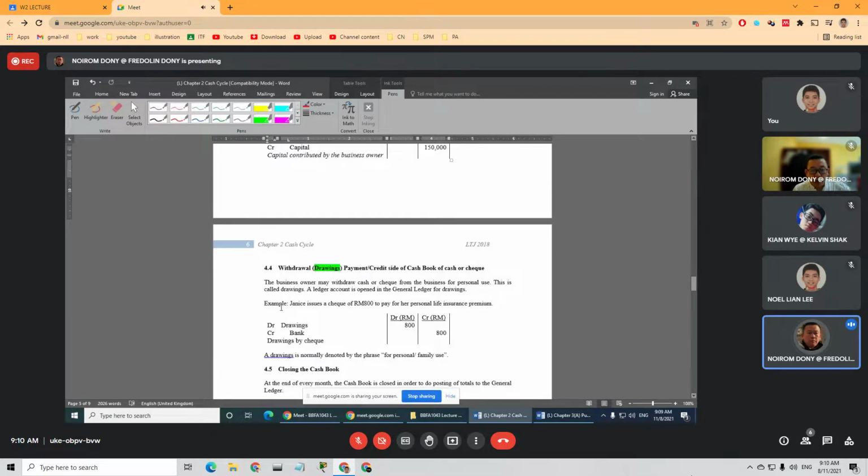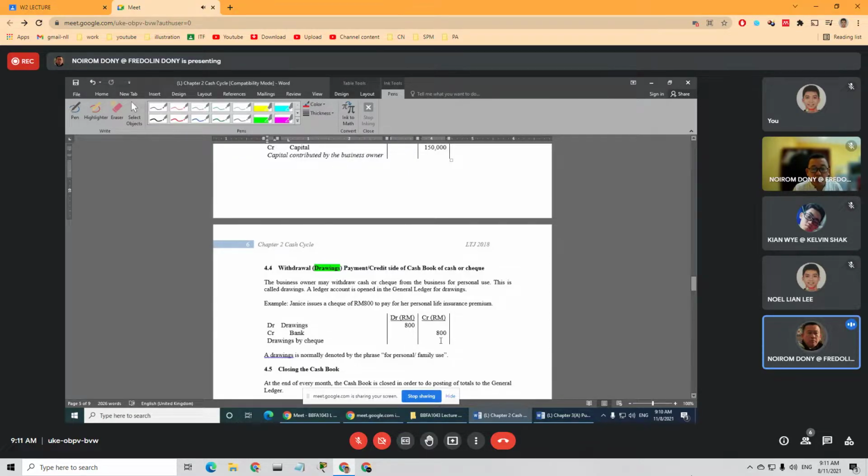Like what we have here, Janice issues a check of 800 to pay for his personal life insurance premium. The keyword is Janice, okay, check. Check is bank, Janice is the owner, so equity. So equity, that is drawing. The bank, definitely we understand, reduces 800.